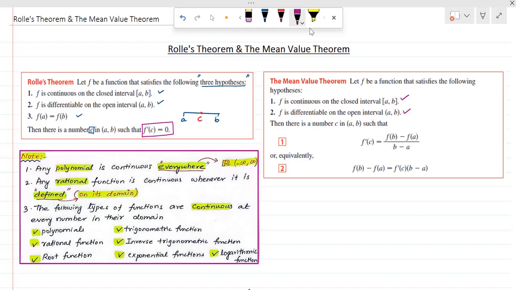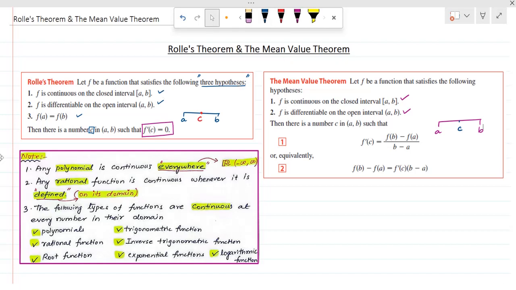In Rolle's theorem we put 0, but here we put f(b) minus f(a) over b minus a. Or you can just cross multiply and get the equivalent form. Here also the c value must be in between a and b. So let us check how to find this.